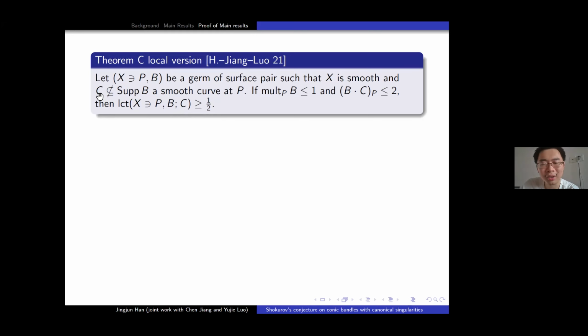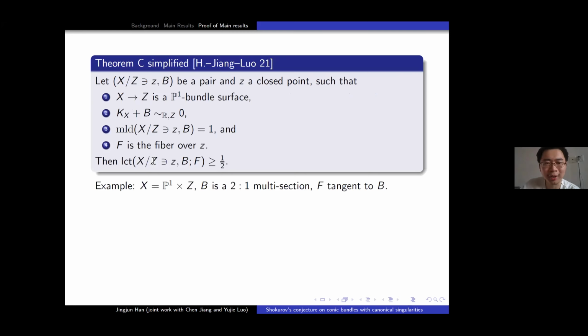And here the divisor C plays the role of the fiber F in the simplified version.